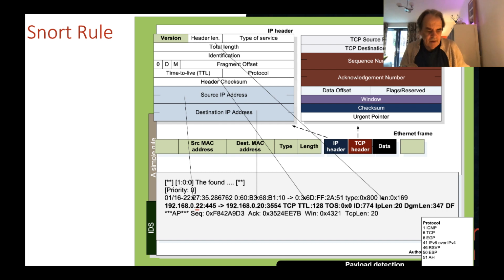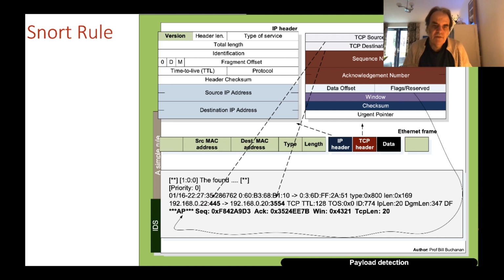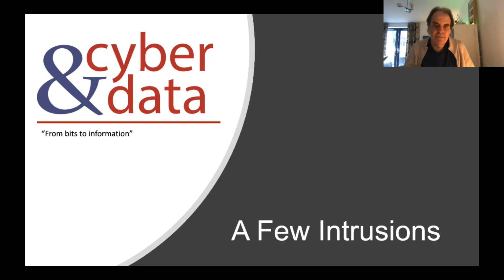Then the next part gives us the IP addresses involved and the TCP ports and other things such as the TCP element that comes next. After that, we identify the flags. In this case, it's an ACK and a push, and there are the sequence numbers and so on. With this information, we could determine a good deal about the connection.